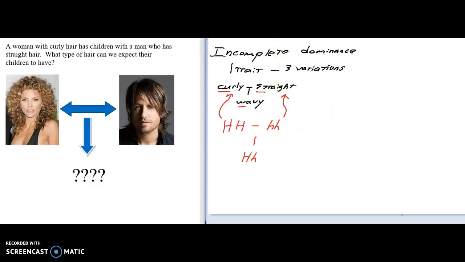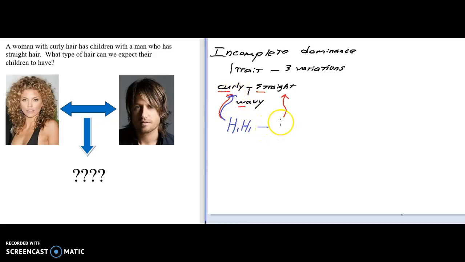Another way is, okay, so let me erase all this, is by using one letter for the alphabet. You choose. Let's just stay with H's. Okay, we're going to stay with H's. And you would go, instead of big H, you would go H1, H1. That represents curly.